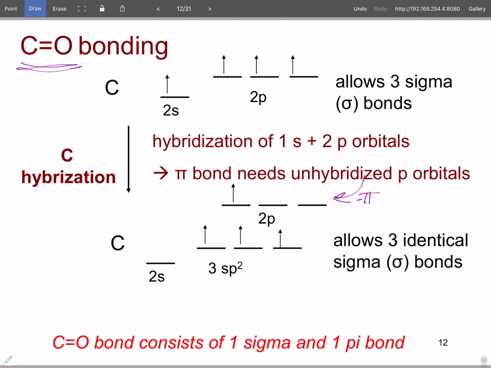So if you only hybridize the 1s orbital and the 2p orbitals, then you end up with 3 sp2s.